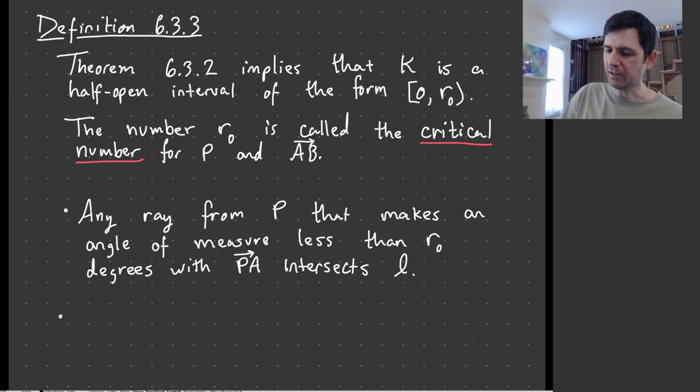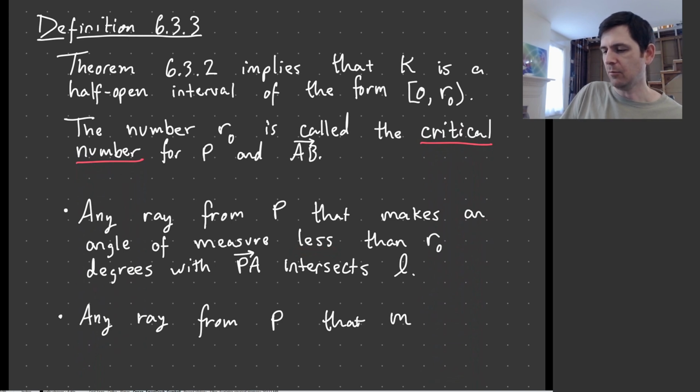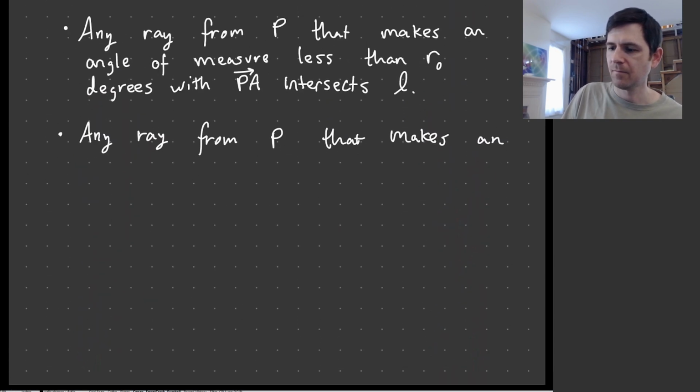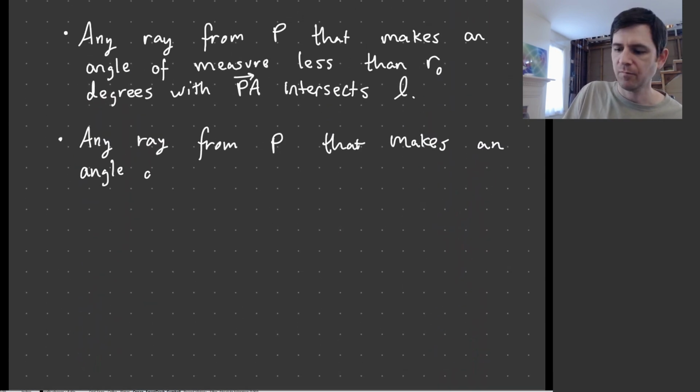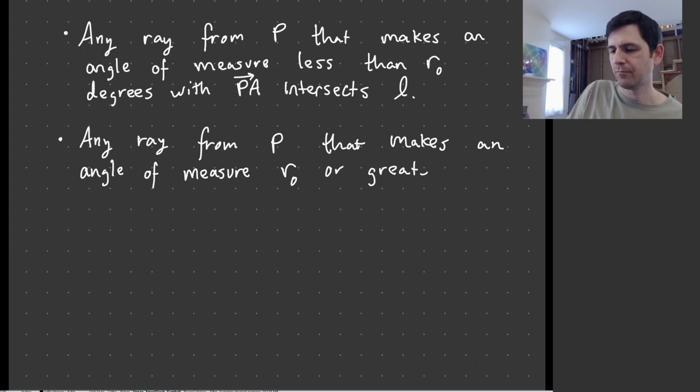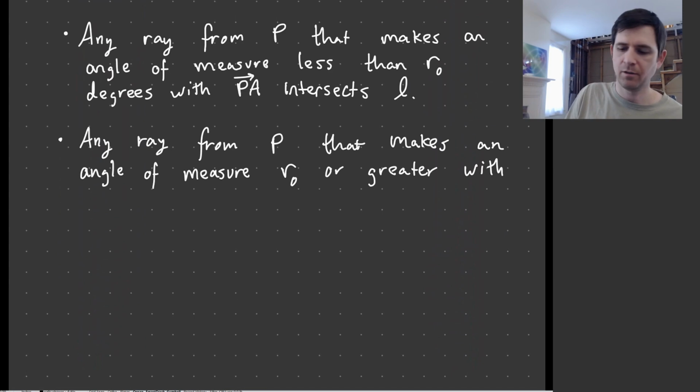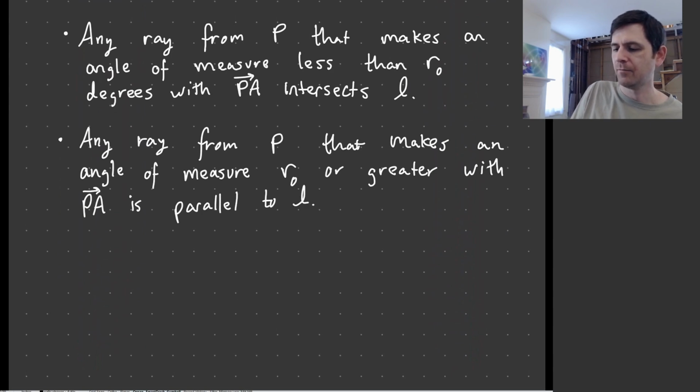So this is strictly less than. And then any ray from P that makes an angle of measure R naught or greater with PA is parallel to L. So this R naught tells us the cut point between lines that intersect L and lines that are parallel to L, with the angle R naught denoting a line that is parallel, and everything below R naught being lines that intersect.